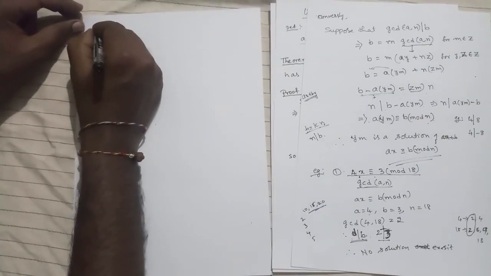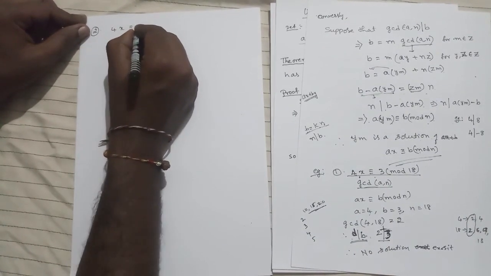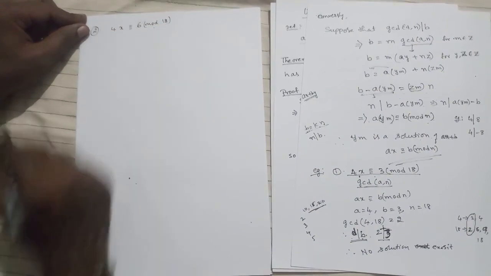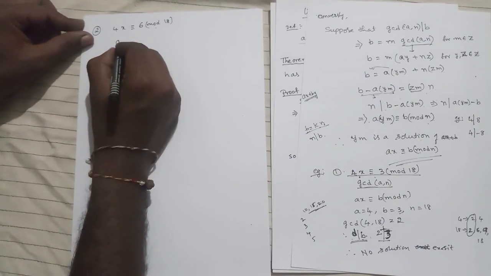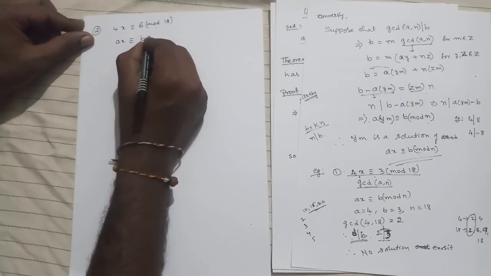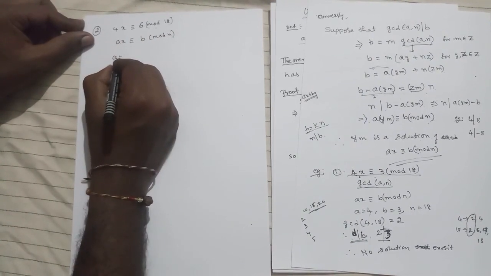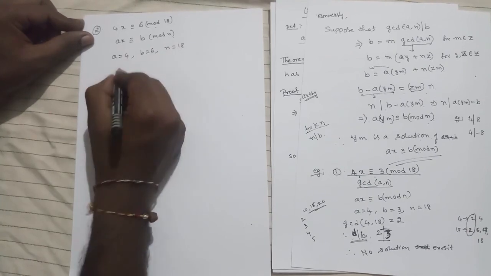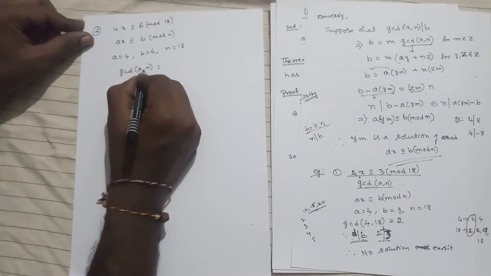I take another one. Here 4x is congruent to 6 mod 18. You have to compare with ax is congruent to b mod n. So a is 4, b is 6 and n equals 18. First you have to find out the GCD of a comma n.